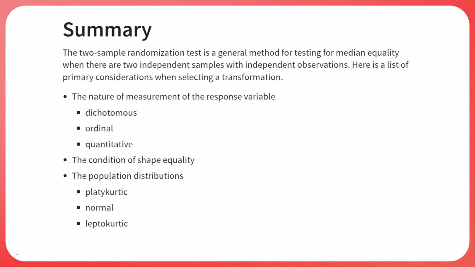The two-sample randomization test is a general method for testing for median equality when there are 2 independent samples with independent observations. Here's a list of the primary considerations when selecting a transformation. First, you should consider the nature of measurement of the response variable.